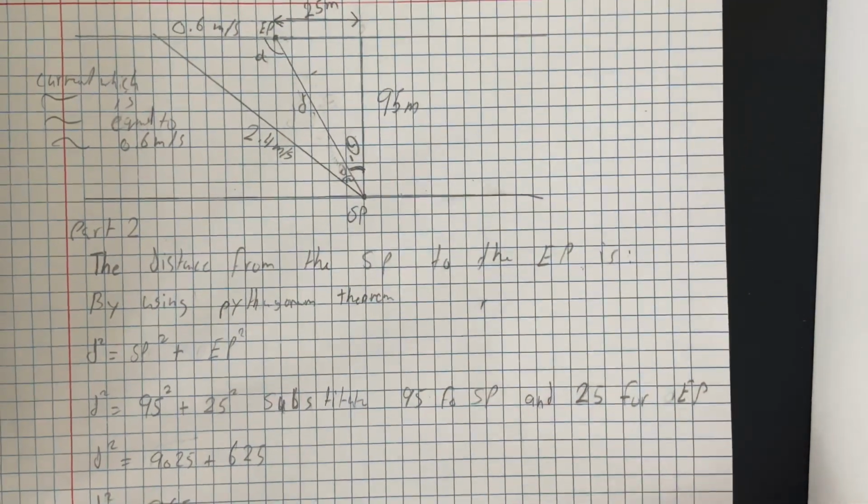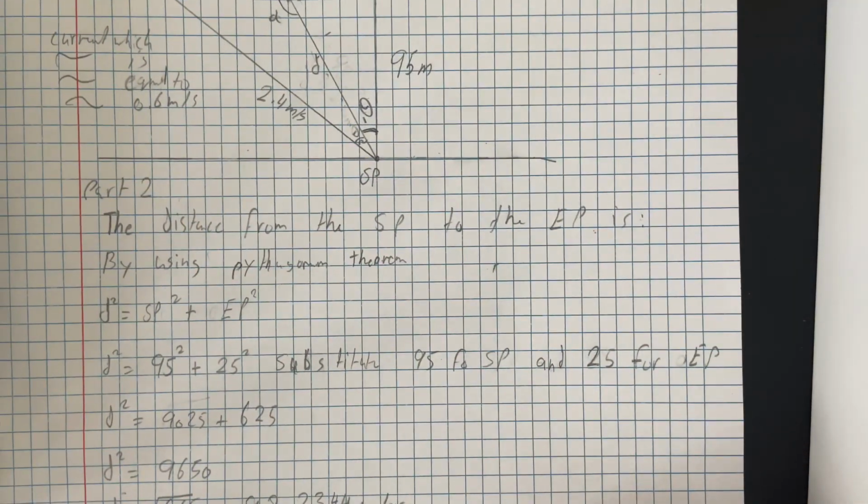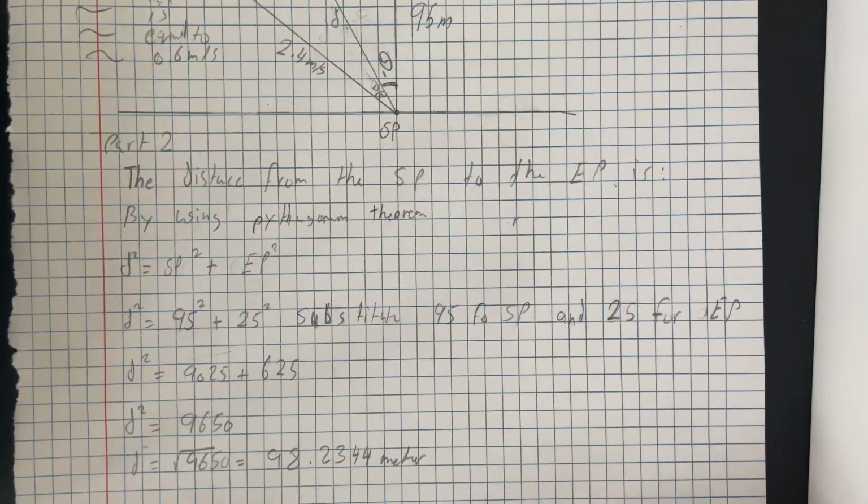To do that, I'm going to substitute 95 for SP, which is starting point, and 25 for the end point. This will equal D squared equals 95 squared plus 25 squared.